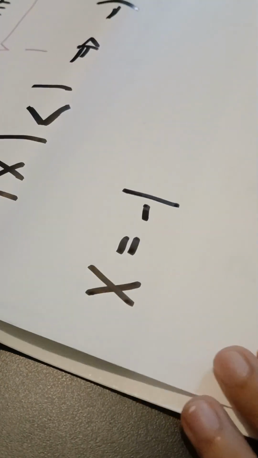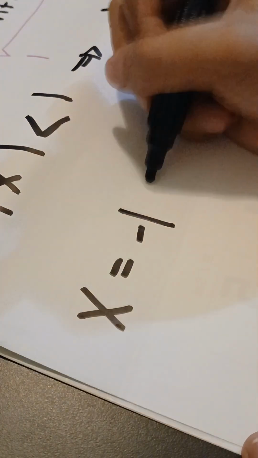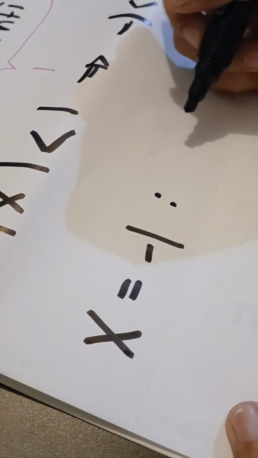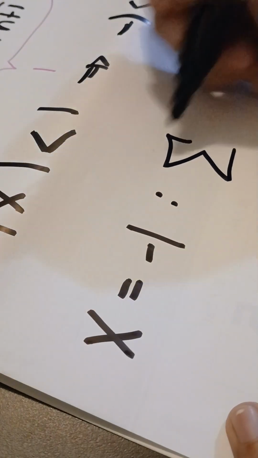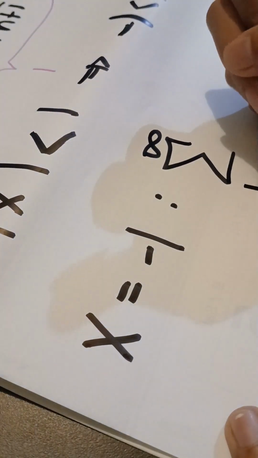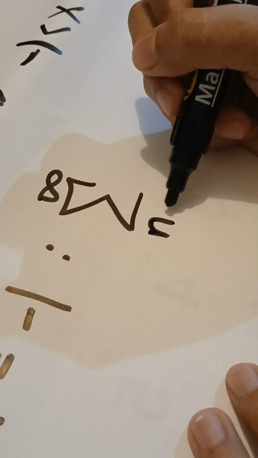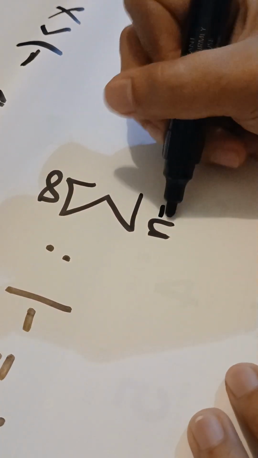So let's plug in -1. Substitute -1 for x, and we have the summation from n equals 1 to infinity of -1 raised to n over the square root of n.